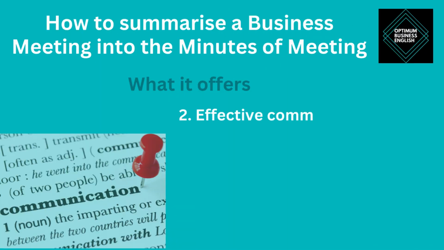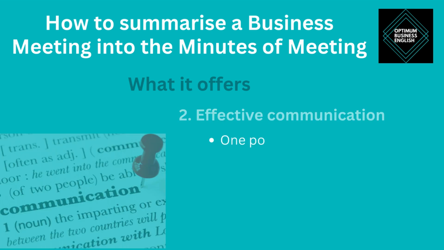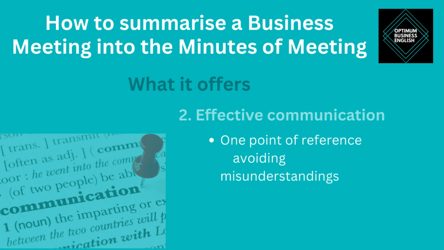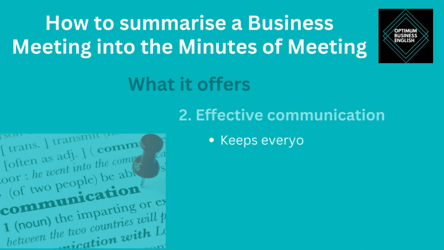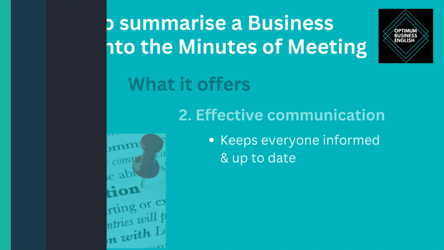A meeting summary or minutes of meeting ensures effective communication in the sense that it provides one point of reference for everyone to work towards, thus avoiding misunderstandings. Then it also keeps everyone informed and up to date on the latest progress.